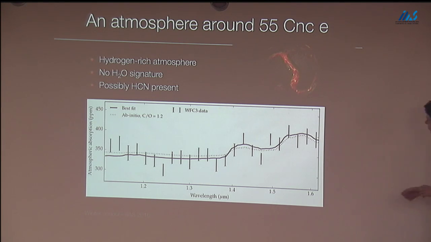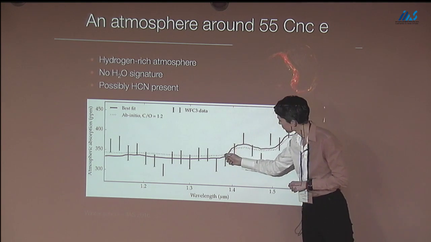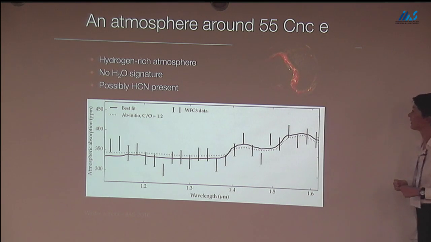So in order to explain this sort of bump, you actually need not only to have an atmosphere, but to push the atmosphere to be quite hydrogen rich, so relatively rich in light elements. So this is the relatively sure thing that you can say about the spectrum.